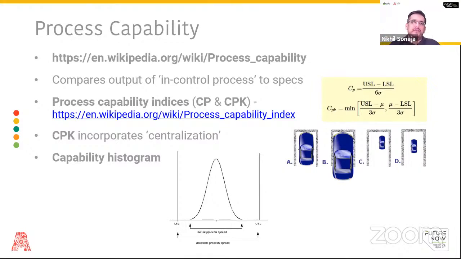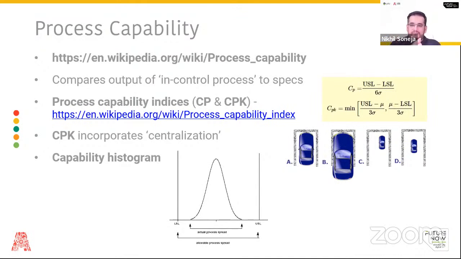If you have a central point and everything is proper, they will be the same. But if it's evenly distributed but not close to a center point, that would mean that your CP will be high, but your CPK might be a little lower. So that's where the distinction comes in.